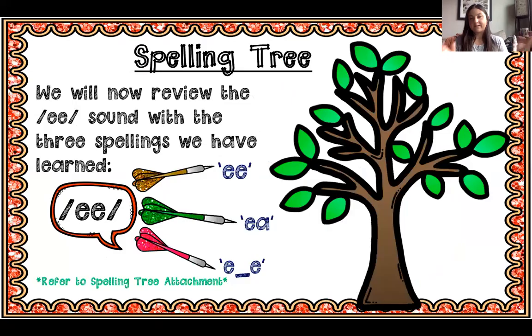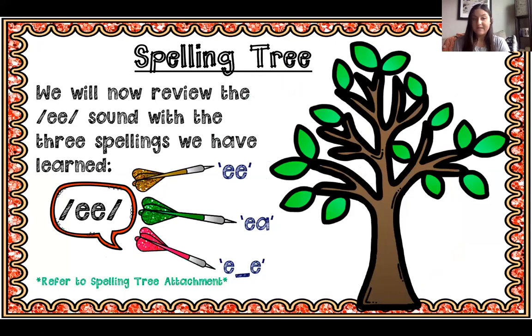All right, so we're going to practice those words together, and we're going to go over a little bit of our spelling tree. This is all of our spelling tree that has the sound E. As you guys know, the sound stays the same. It's all E. It can be spelled different ways.